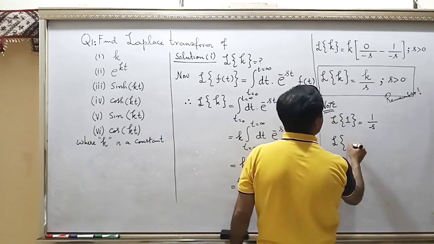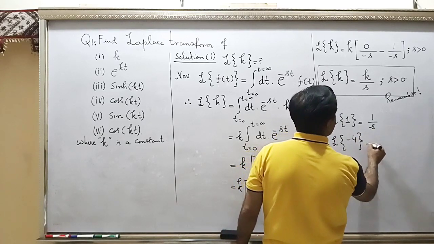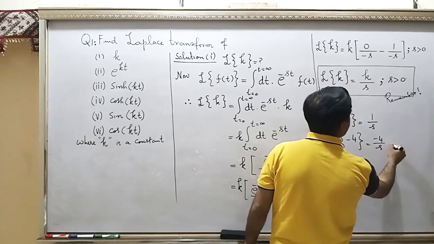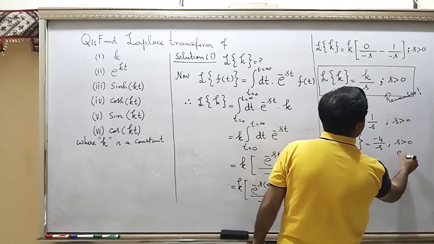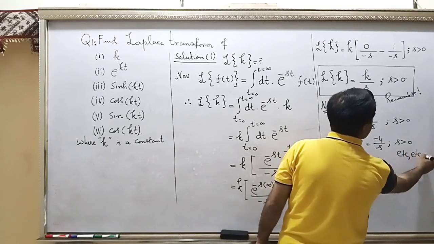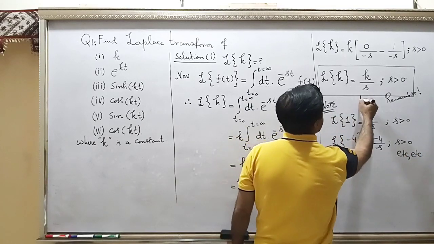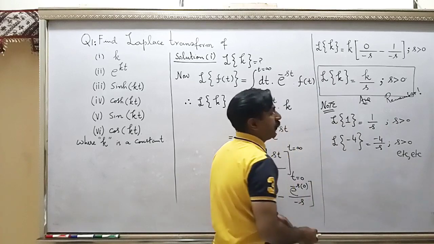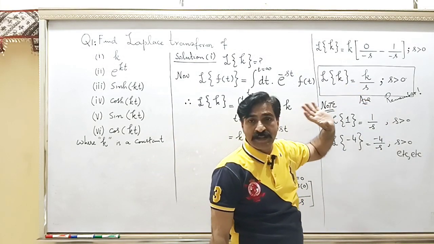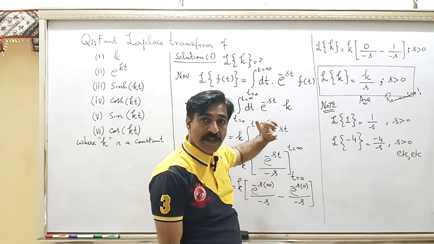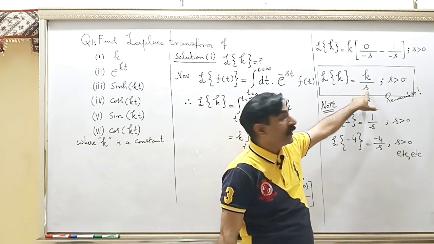The Laplace transform of minus 4, for example, will be minus 4 over s, where s is certainly greater than 0, etc. So this is the Laplace transform of the constant number k, which is k by s. So the number is a constant, but its transform is not a constant.